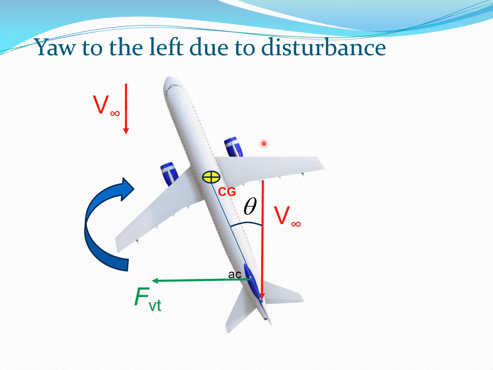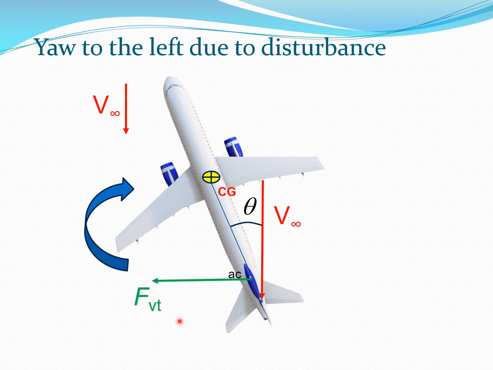Now let's take the condition where this aircraft has yawed to the left because of the disturbance. Again, the velocity was coming like this, and the velocity is now coming like this as far as the vertical tail is concerned. The vertical tail now sees the angle theta here, and therefore it is going to generate a lift force which is perpendicular to this V infinity velocity.